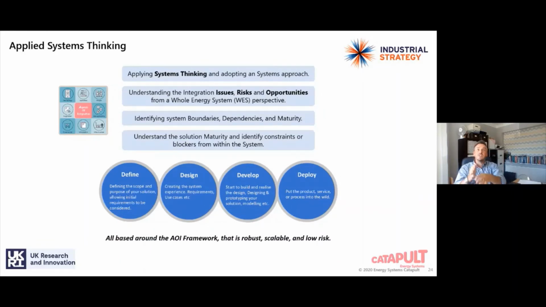You're understanding the boundaries, dependencies, and also the maturity. Around the aspects, we've defined a maturity model that rates the project across the various aspects and looks at the various maturity levels within those aspects.